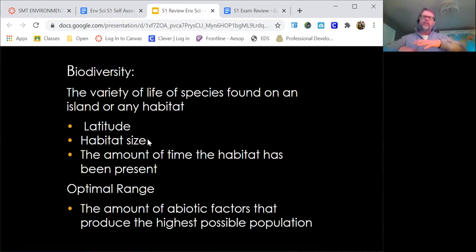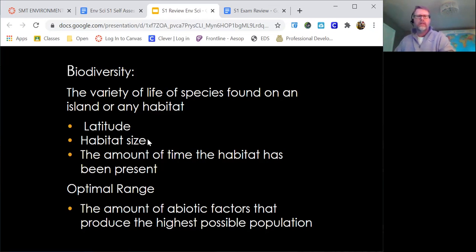If the lava just formed and that island just arrived, there's going to be very little biodiversity. But if that island has been sitting off the coast of Florida for thousands of years, there's going to be a lot of opportunity for different things to move there, to thrive, to evolve, and so it's going to have a lot more diversity.